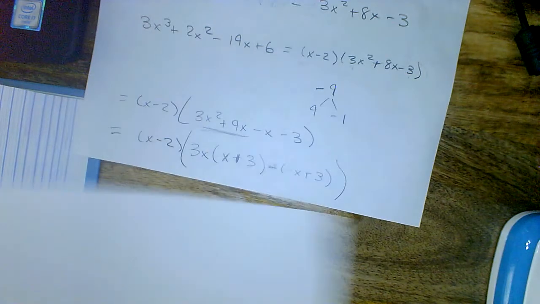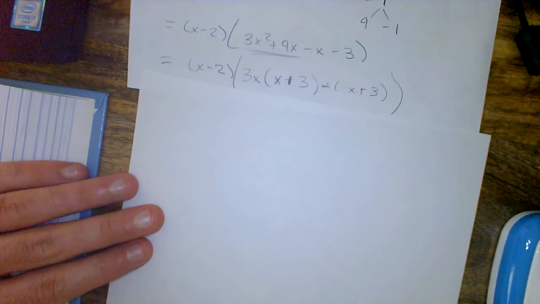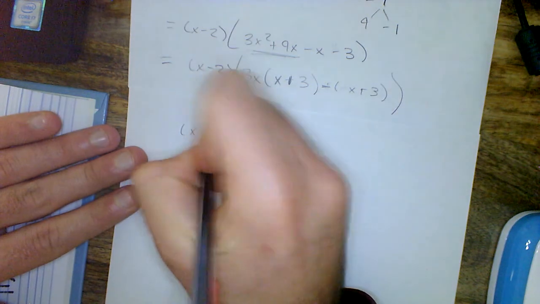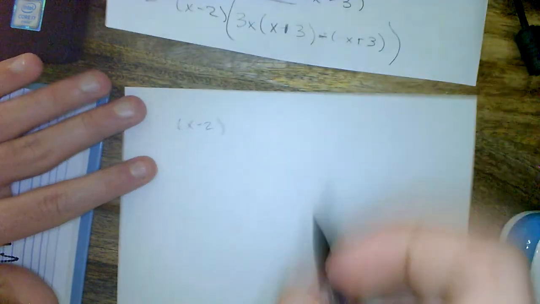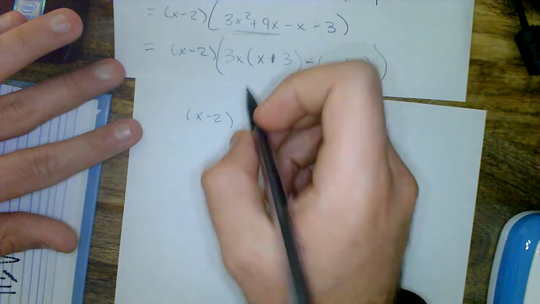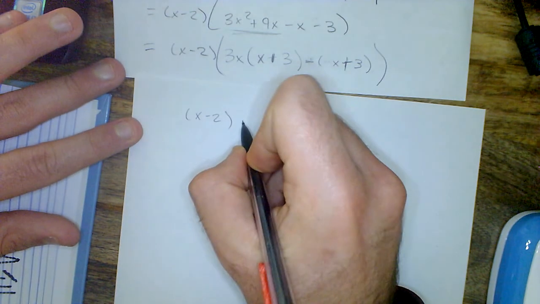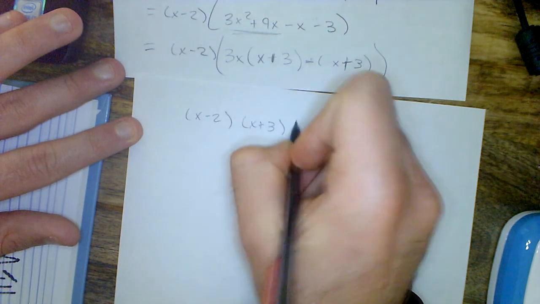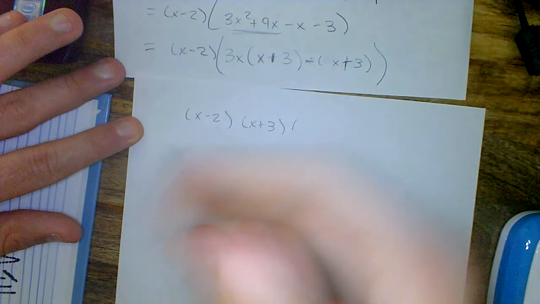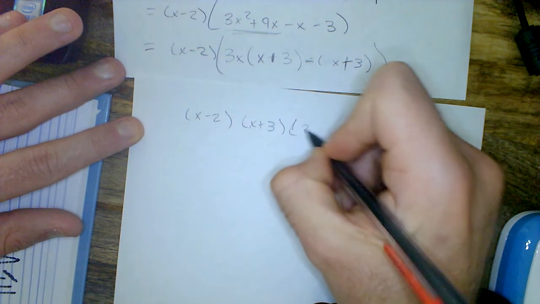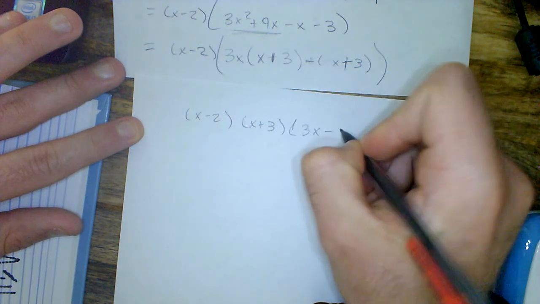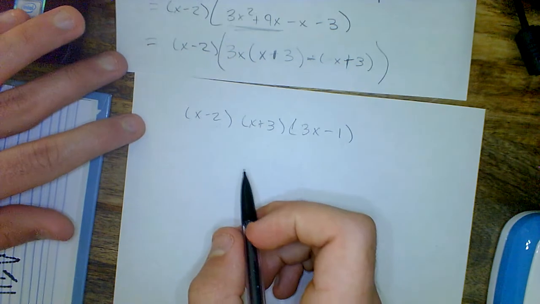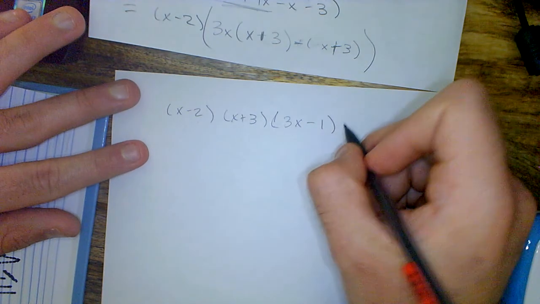Okay, so now if we continue, we have x minus 2, and now we're going to factor out this x plus 3 from this last term. So it's going to be an x plus 3 times a 3x minus 1.